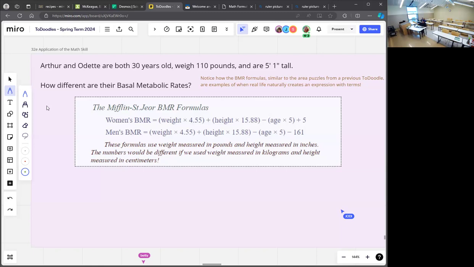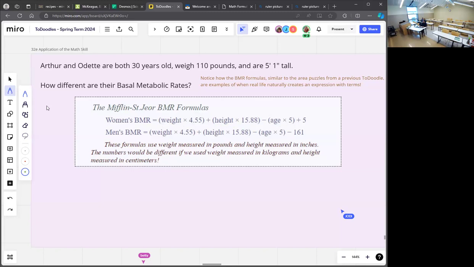And if Sean lays in bed, he burns no calories. That's not quite right, because we have to plug in the weight and the height and the age for our people. And whatever those plug in, we're going to make big with multiplying. Especially this times 15.88, that's gonna make something bigger.